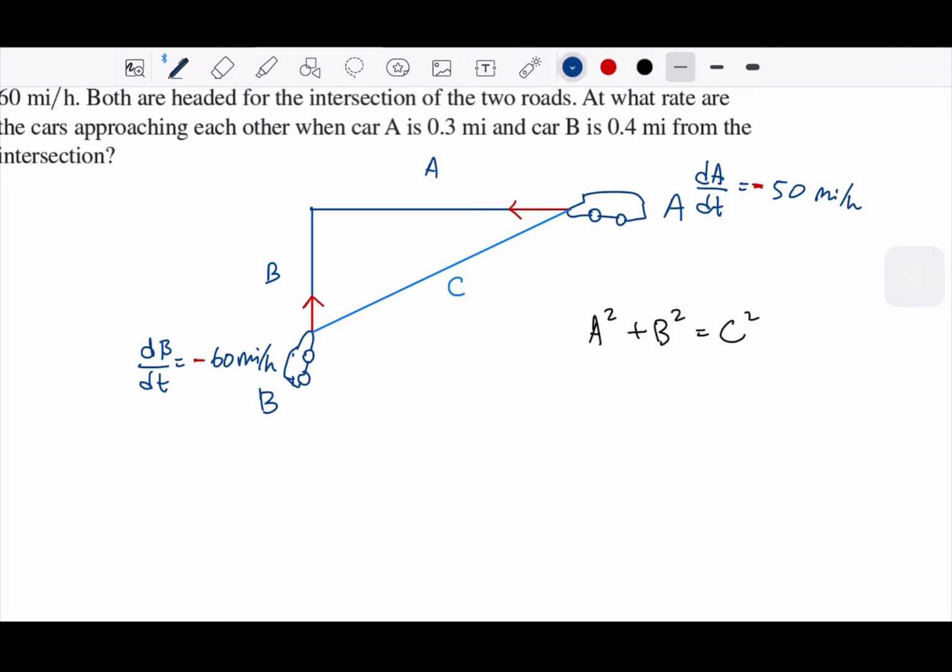Okay, and then we can take the derivative.